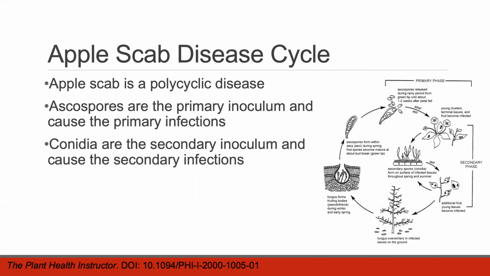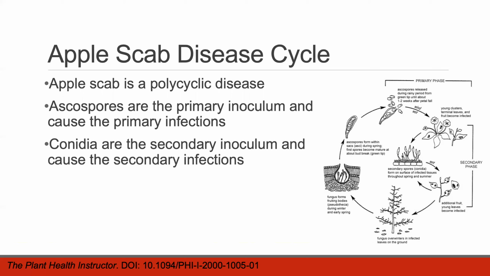The primary inoculum produced by Venturia inaequalis are the sexual spores or ascospores, which are produced within pseudothecia. So here's the primary infection cycle and the secondary infection cycle, and this is what makes apple scab a polycyclic disease. Over here you can see an image of a pseudothecium, and within the pseudothecium are the ascospores.